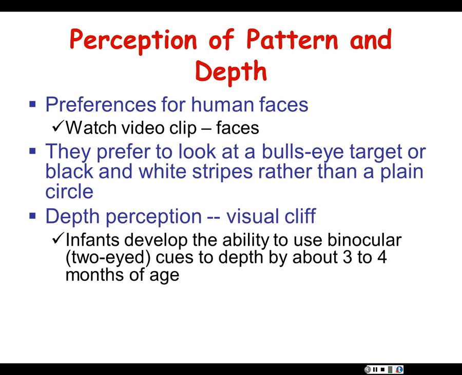And they also are figuring out depth perception. Initially, they don't have depth perception. We have two eyes, and two eyes are used as binocular vision so that we can understand distance and depth.